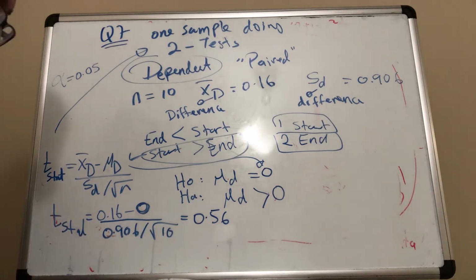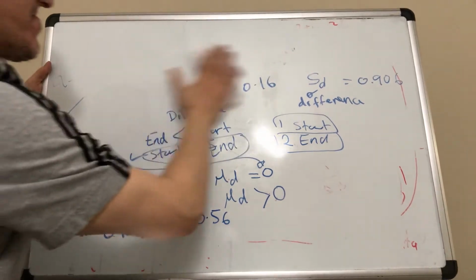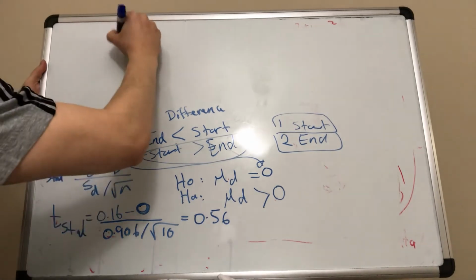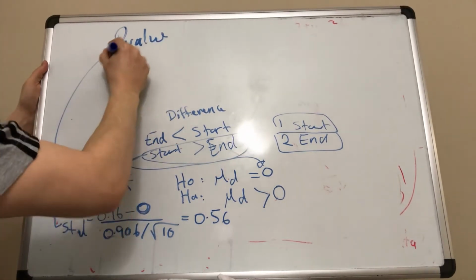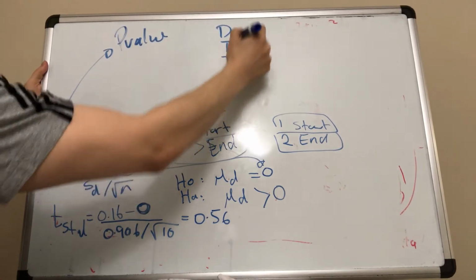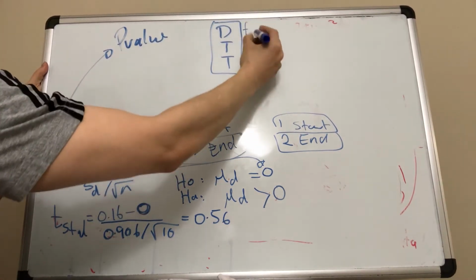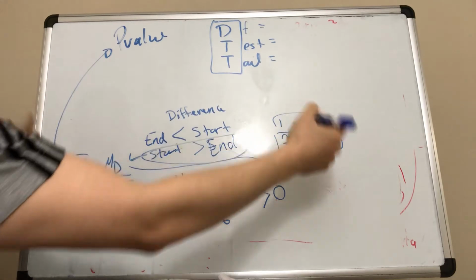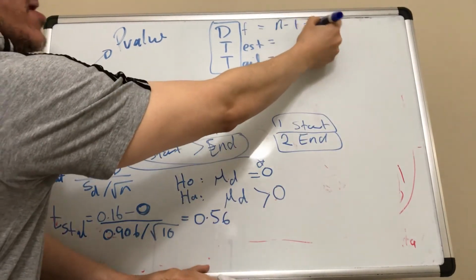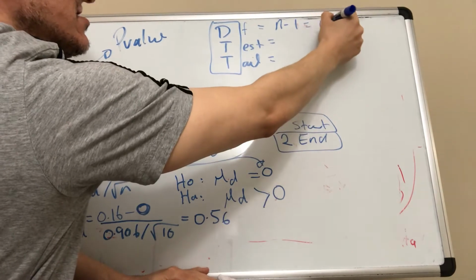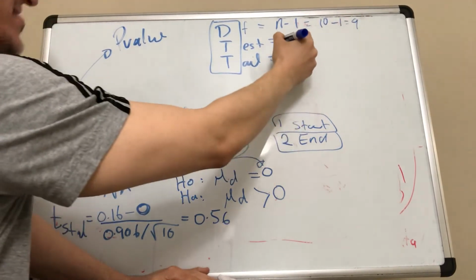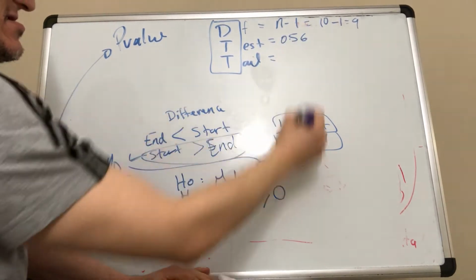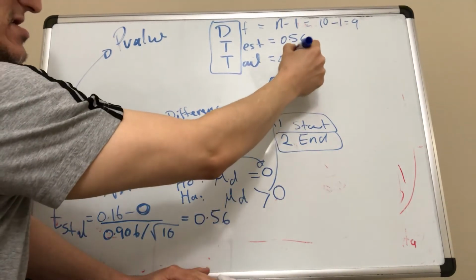For the p-value we need to do the DTT: degrees of freedom, test, tail. For a dependent system, degrees of freedom is simply n minus 1, so it's 10 minus 1, it's 9. The value of the test we found is 0.56, and this is a 1 tail.